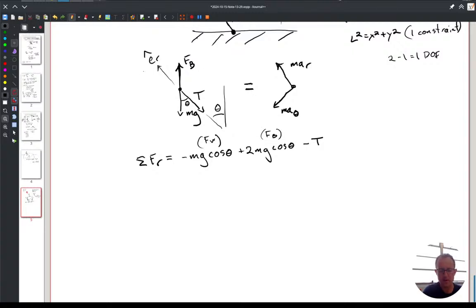It's going along ER. And then tension is always in that radial direction. And then the sum of the forces in that theta direction are going to be a positive mg.